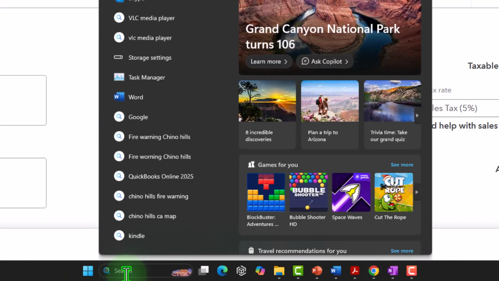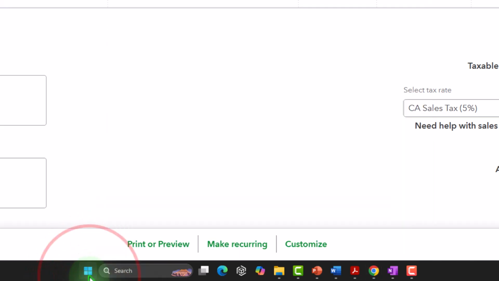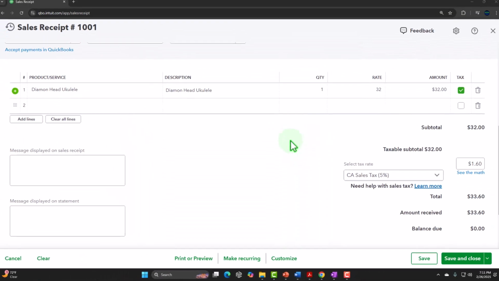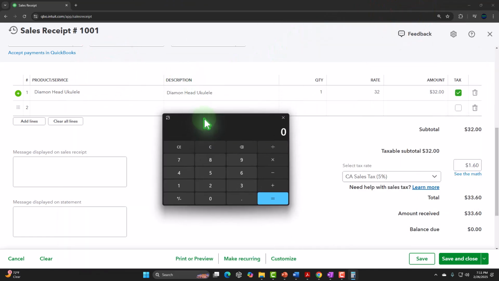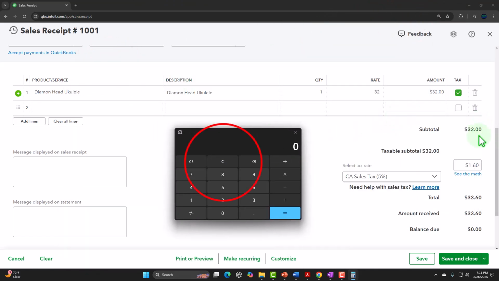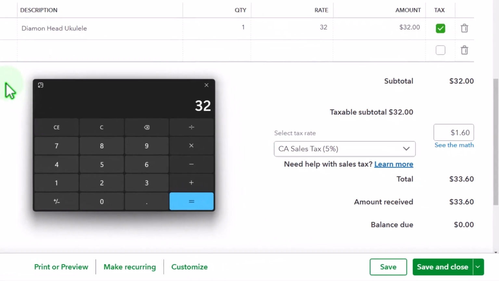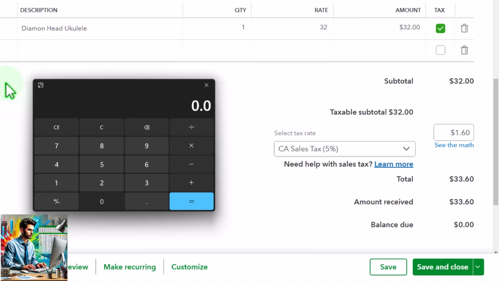So now let's do a quick reminder of what that's going to do from a journal entry standpoint. It's going to look like this. We charge $32, but we have to pay California. So let's imagine we only have to pay them 5%, times 0.05.